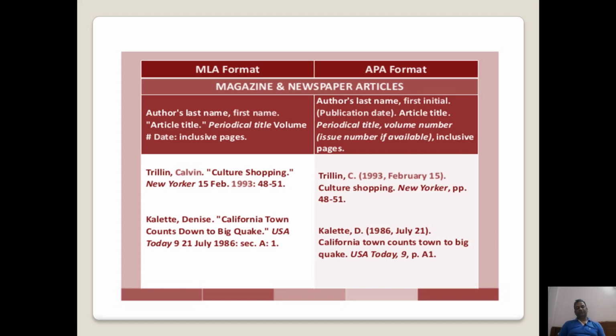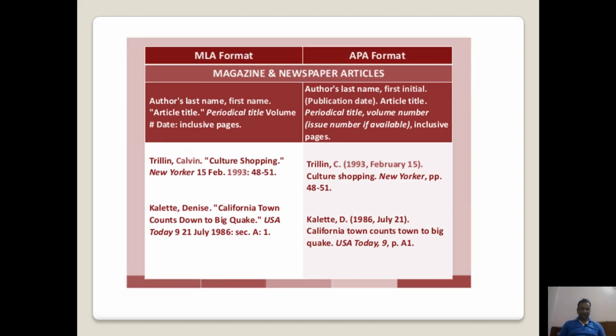But in the APA format: author's last name, first initial, publication date, article title, periodical title, volume number, issue number if you already have it, inclusive pages. So this is the way to write. You can see I am giving both formats here, MLA and APA, on the same slides. You need to go into details to get that.